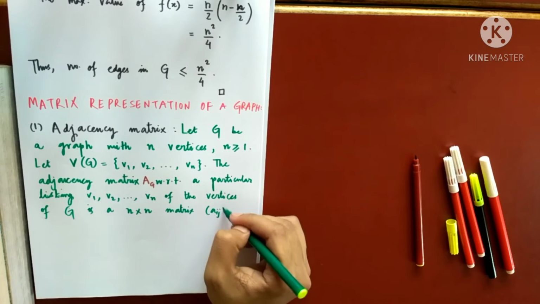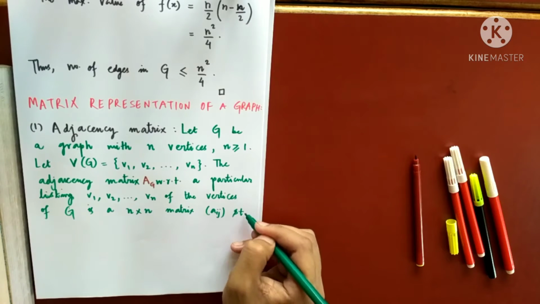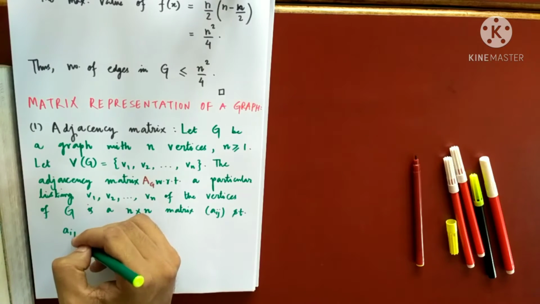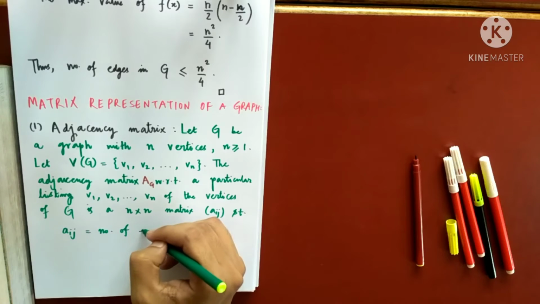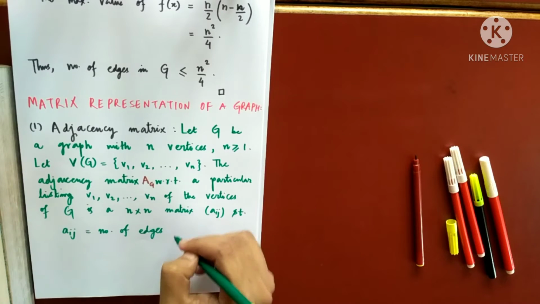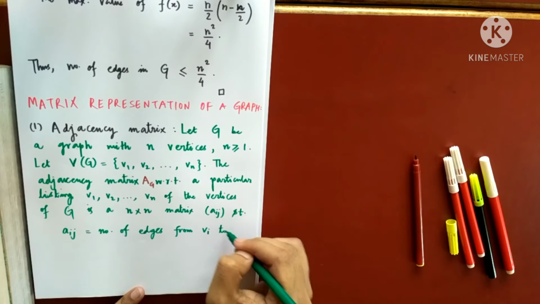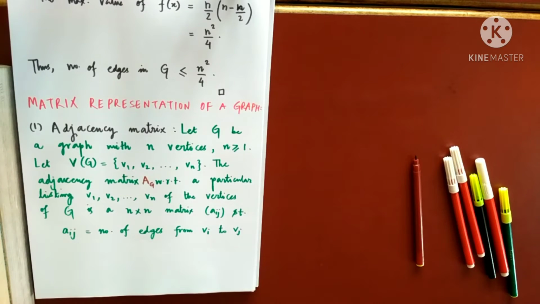The elements of the matrix are denoted by a_ij, such that a_ij is the number of edges from vi to vj. This is how we will make the matrix.